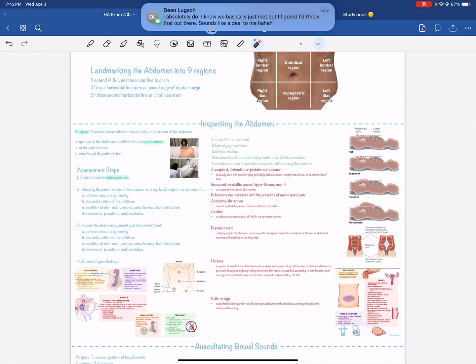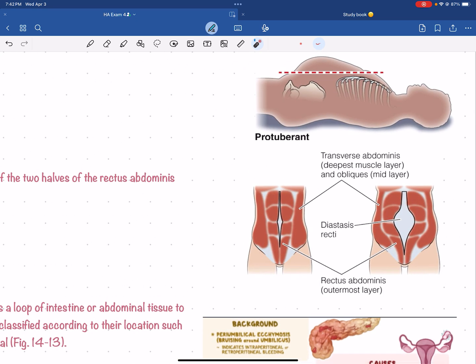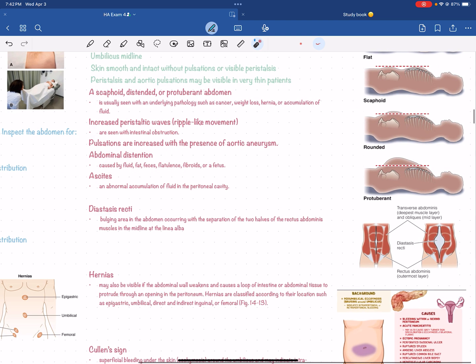I believe I have a picture of this. Yeah, right here. Think of a vertical line from the sternum to your pubic area; these muscles are basically going to be separated.